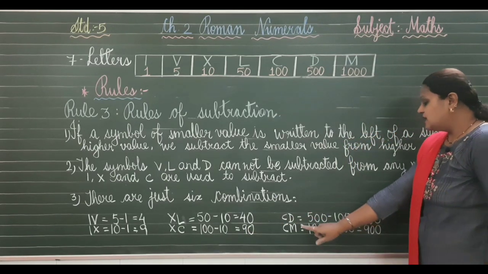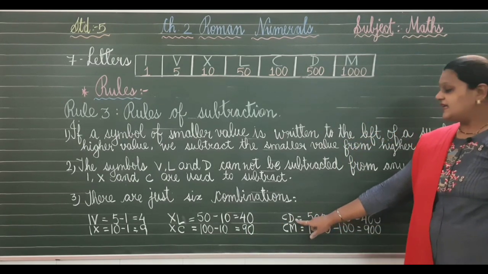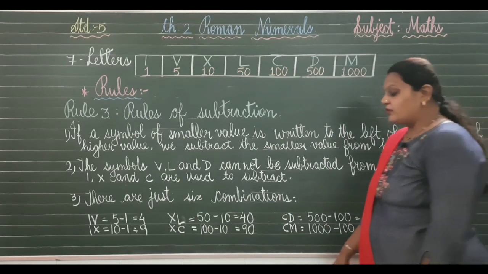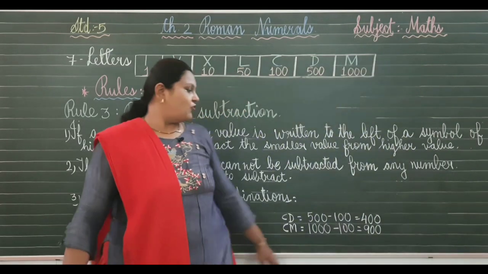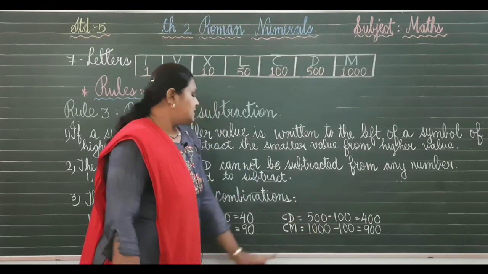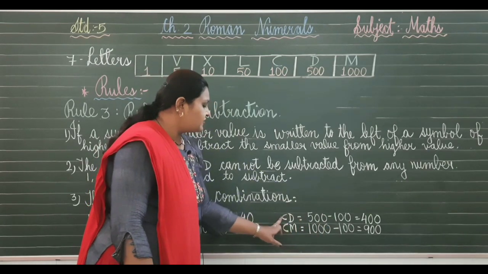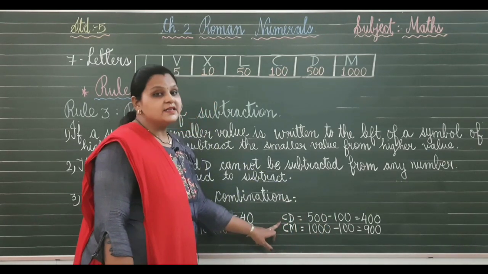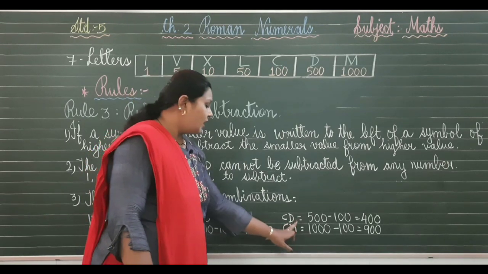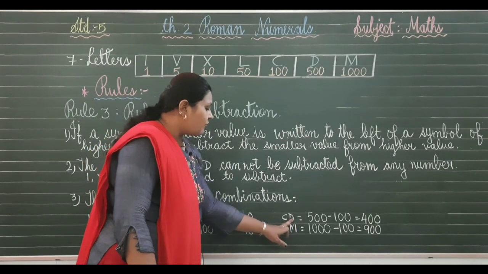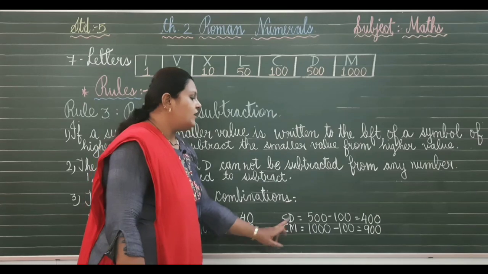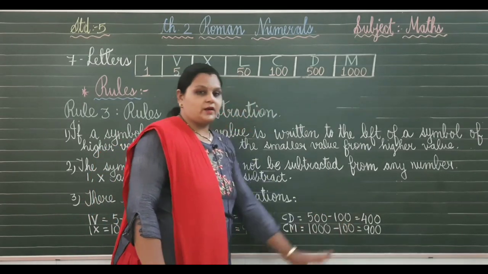Next example, CD. D stands for 500 and C stands for 100. So which is left side? C. Smaller value again is at left side of greater value. So 500 minus 100, that is 400.